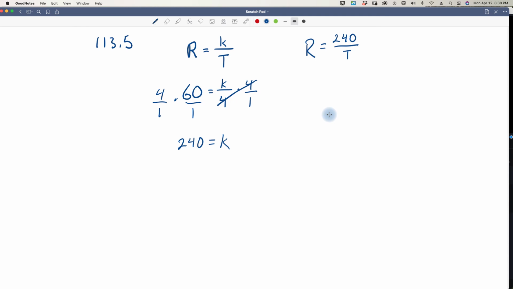So the question goes on to say, what would be the time required for the same distance if the rate were increased to 80 kilometers per hour? So the rate is going to be 80. So now we have to figure out what the time is. So all we're going to do is multiply times t over 1 on both sides.